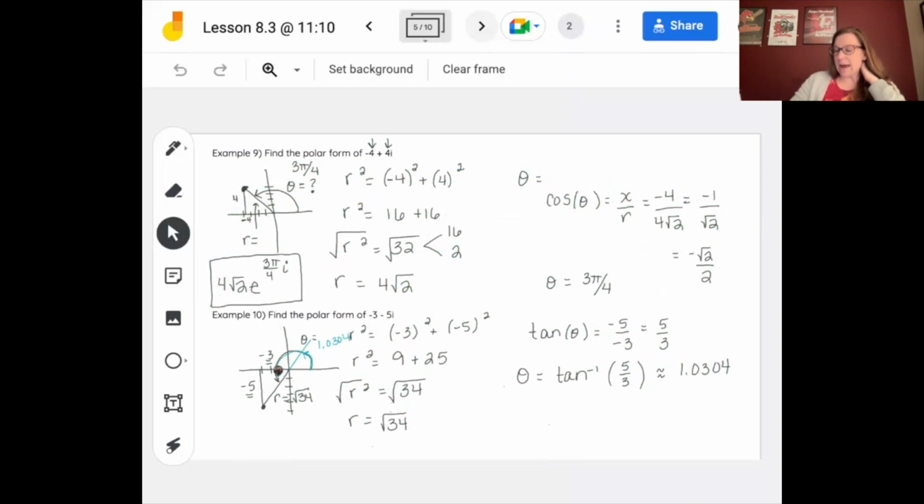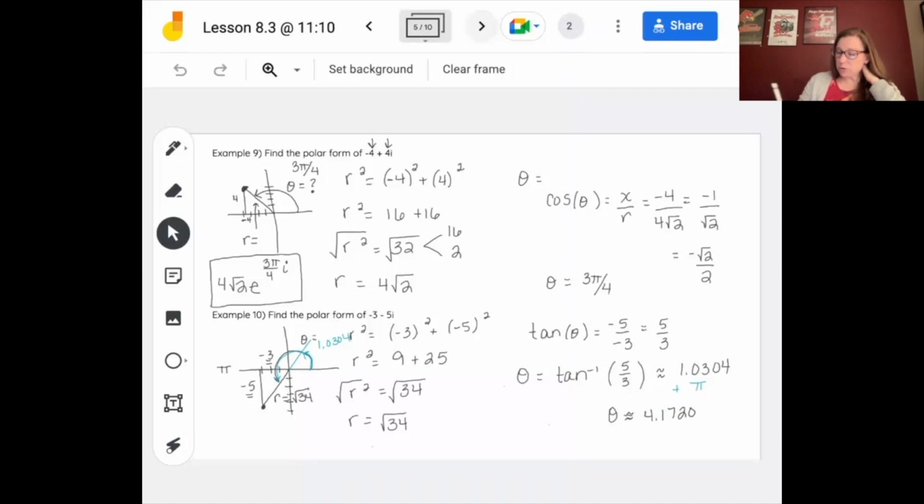So I would need to add pi to this in order to find my angle in the third quadrant. Therefore, theta has to be, I'm going to say about because it is rounded, 4.1720, which makes sense because pi is 3.14, and we're just a little bit more than pi.